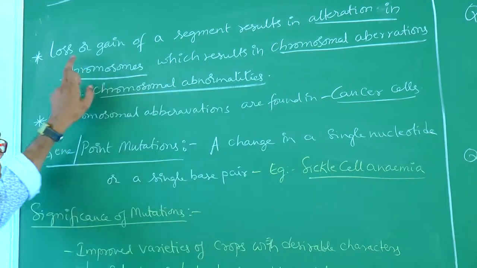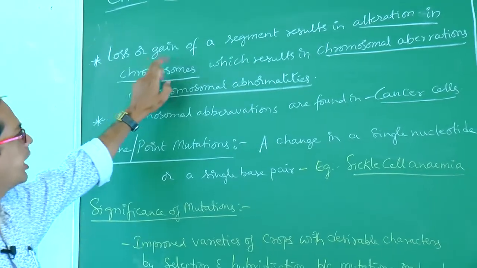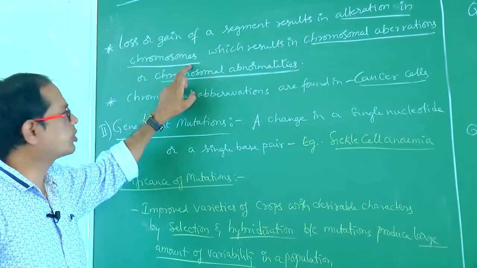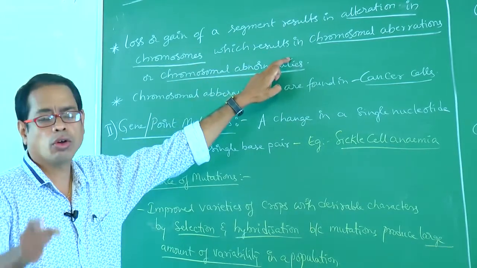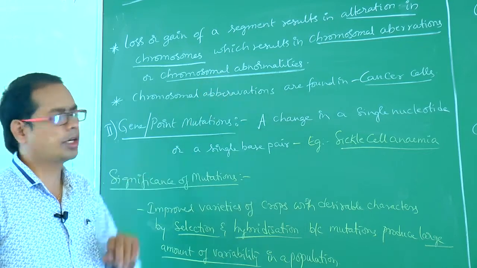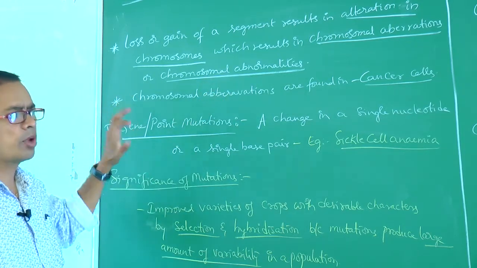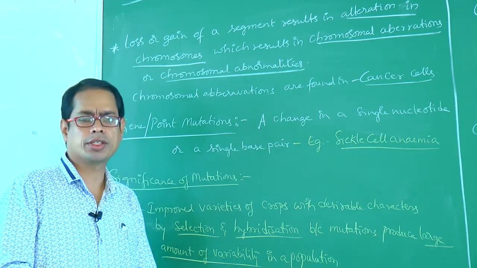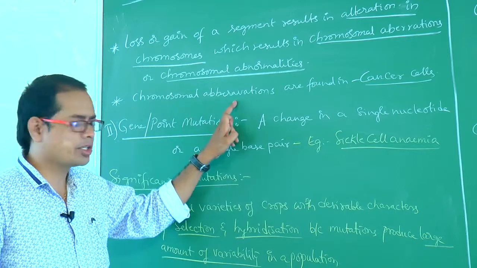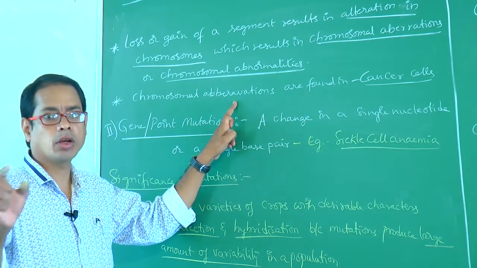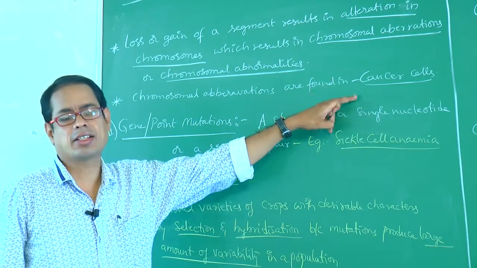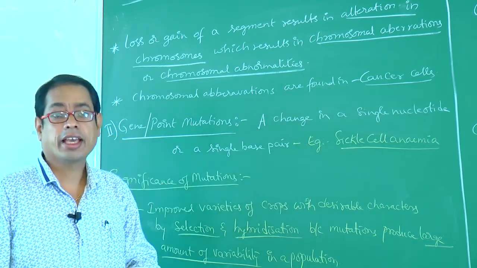Look here, my dear students. Loss or gain of a segment results in alteration in chromosomes, which results in chromosomal aberrations or chromosomal abnormalities. The example for chromosomal abnormalities is cancer cells.